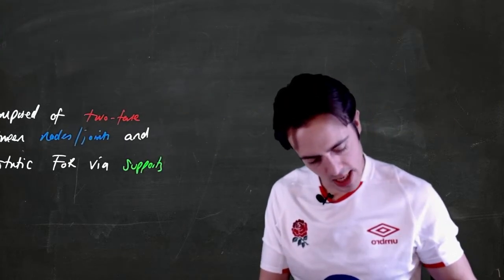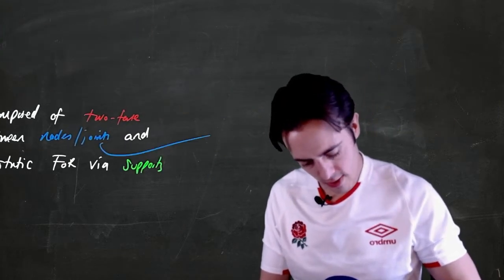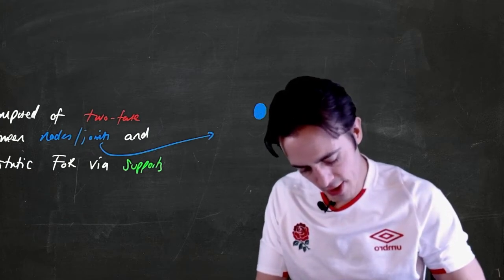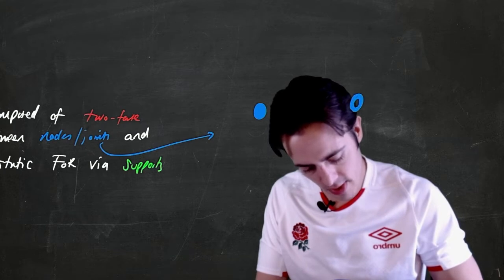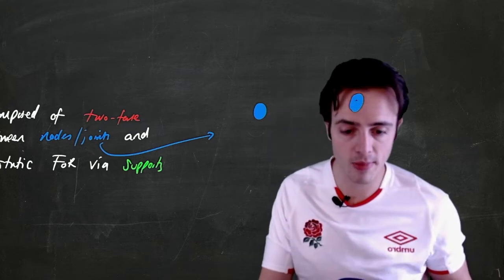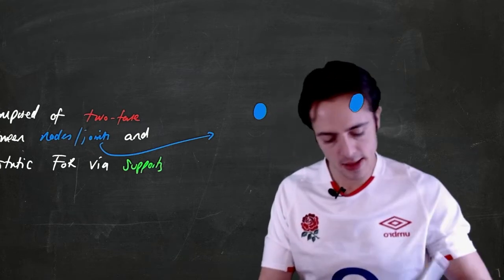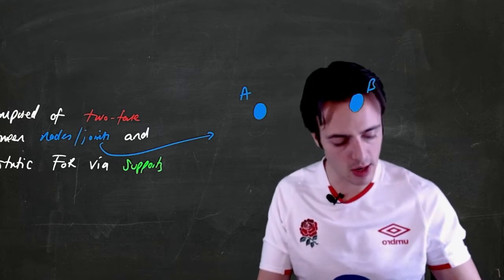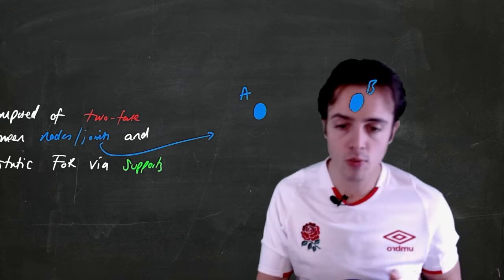So it's probably easiest to describe these first, nodes and joints. When I draw my diagrams, these are circles, sometimes filled, sometimes not, depends how spicy I'm feeling that day. And these normally have Latin characters describing which part they are.